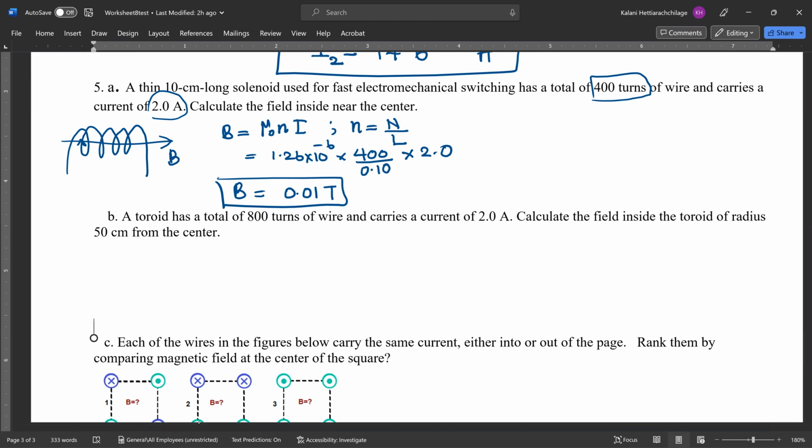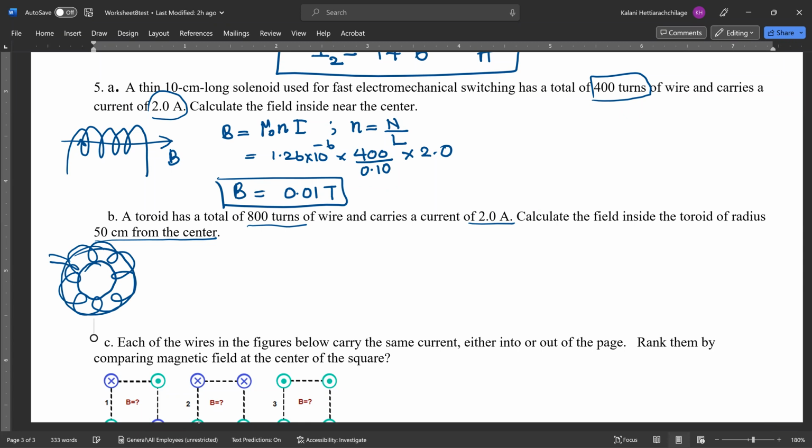Now part B is a toroid. The toroid has a total of 800 turns and current this much. Calculate the magnetic field at a radius of 50 centimeters from the center. You see that a toroid is exactly similar to a solenoid, but the important thing is the ends will combine into here.